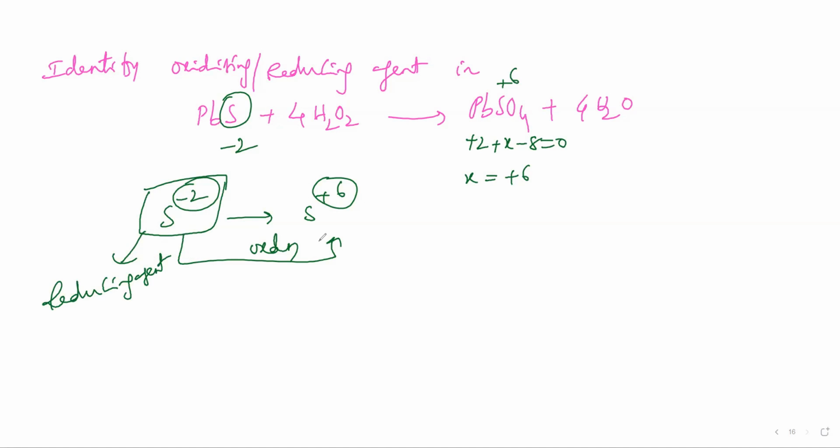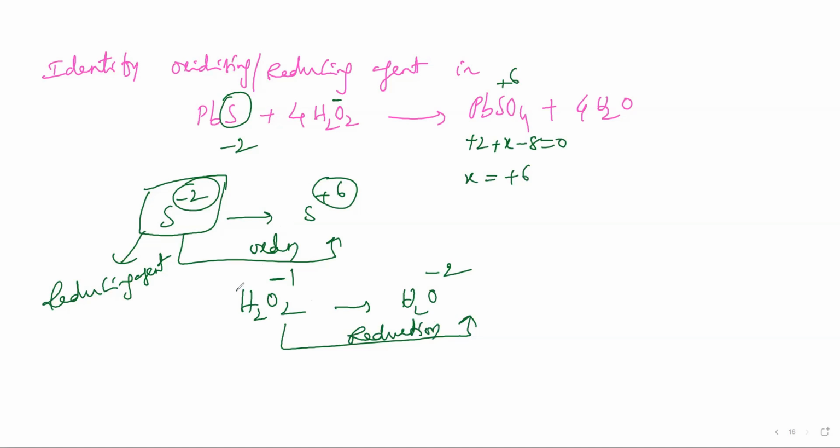Then H2O2. In H2O2, oxygen's oxidation state is -1, peroxide, and H2O2 is converted into H2O. Here it is -2. -1 to -2. What does that mean? The oxidation state decreases. That means this is a reduction, so H2O2 undergoes reduction.